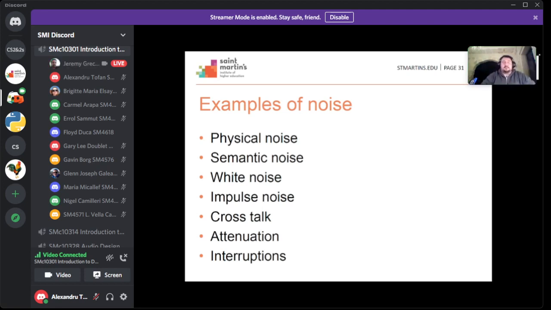You also have what is known as crosstalk. This is one of the, if not the most, disruptive elements of telecommunication.